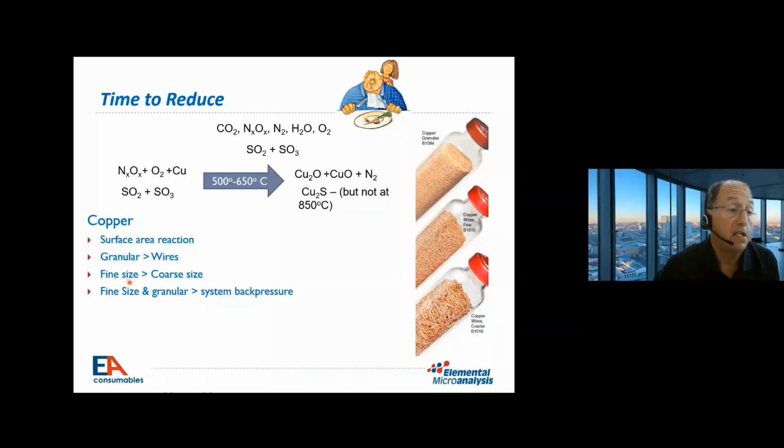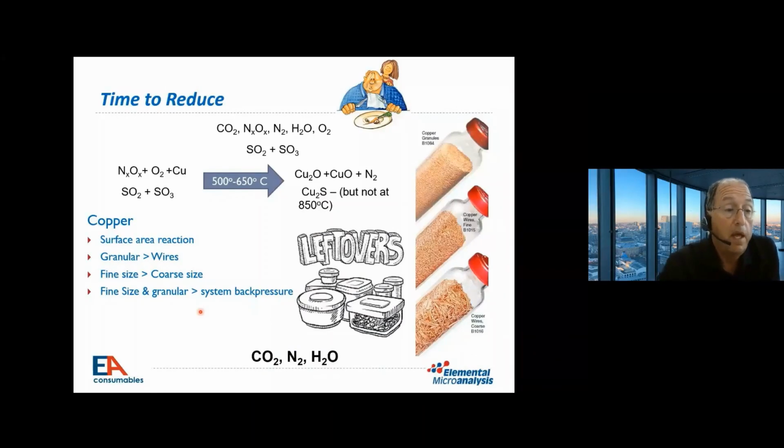The fine sizes are better capacity than coarse, except the fine and granular cause system back pressures and are not necessarily appropriate for all manufacturers of analyzers. And then we have our leftover gases. So we're down to CO2, N2, we're almost there. We still have water to deal with.